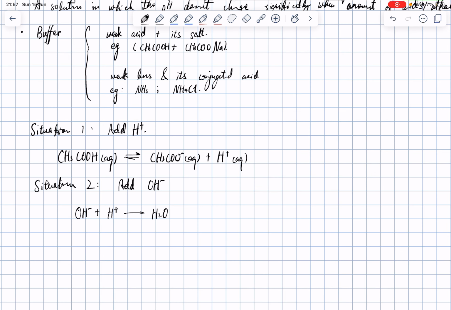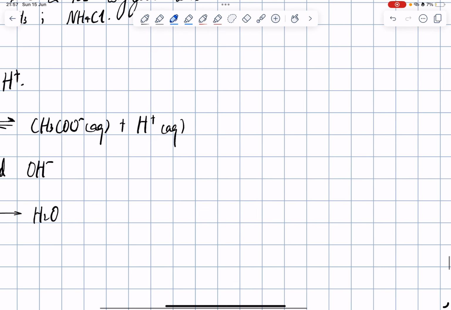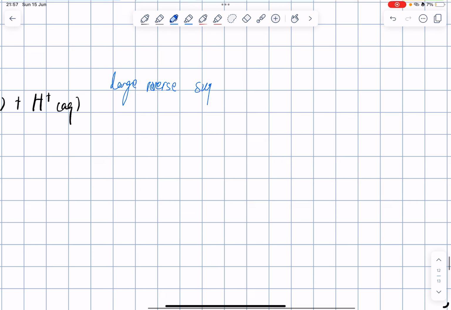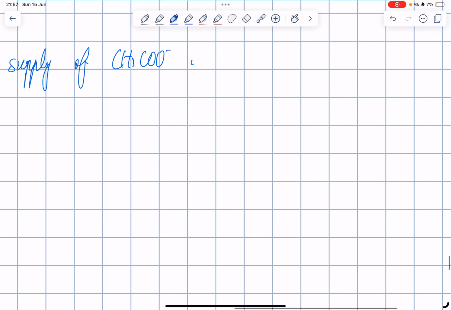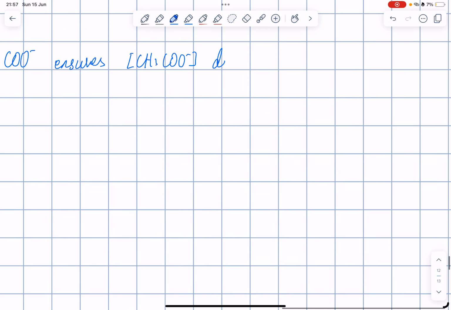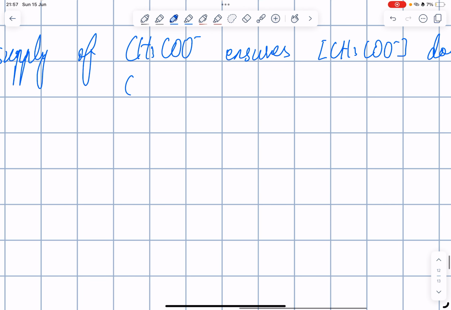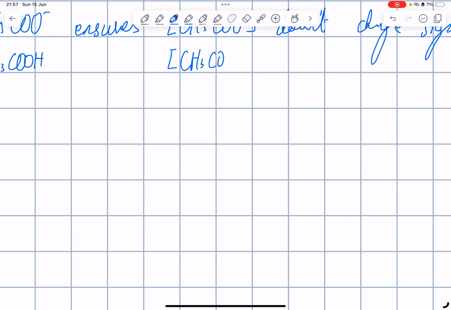A better explanation would be, as we have a weak acid and its salt, we always have a large reserve supply of ethanoic ions. This ensures the concentration of this doesn't change significantly, and it's the same if you substitute ethanoic ions with ethanoic acid, and same here.